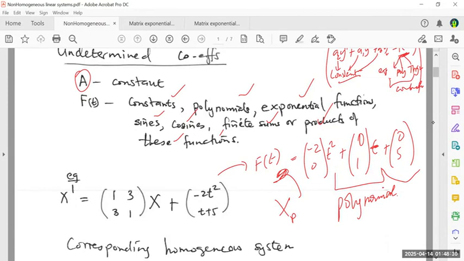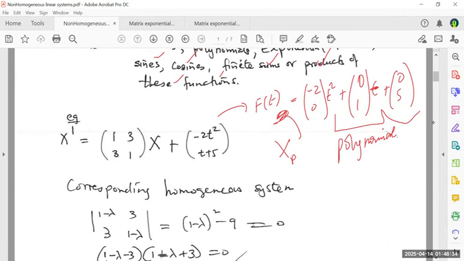So this is represented by polynomials now. Basically, we need the generalized version of the polynomial vectors here. So we would have xp having the general form: a1, b1 times t squared plus a2, b2 times t plus a3, b3.